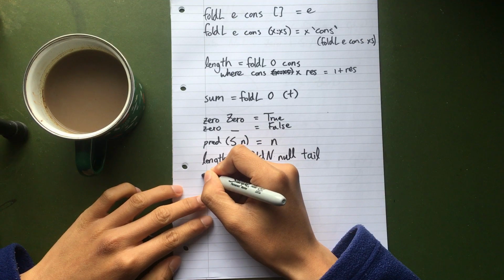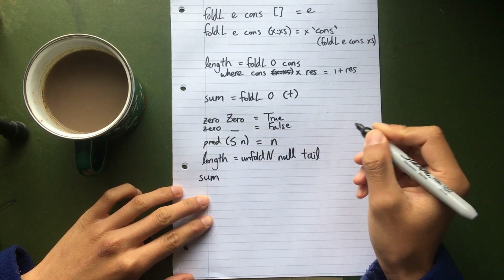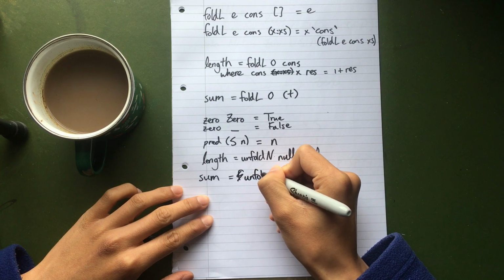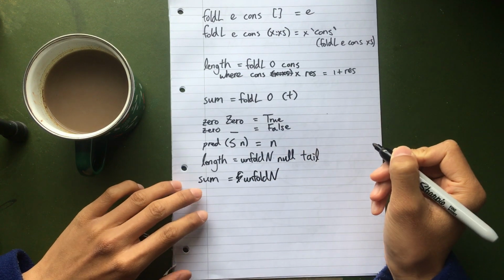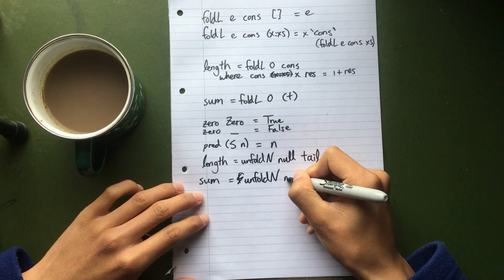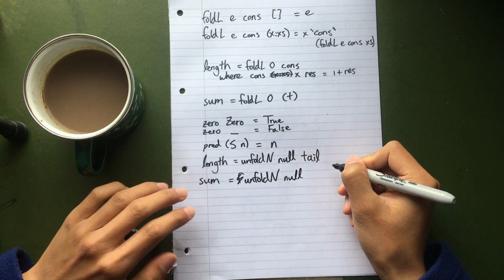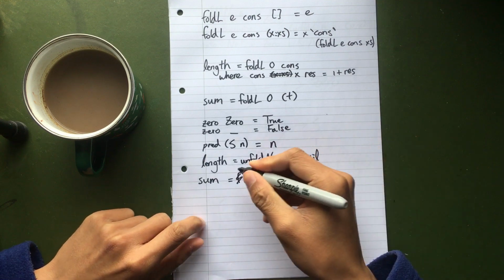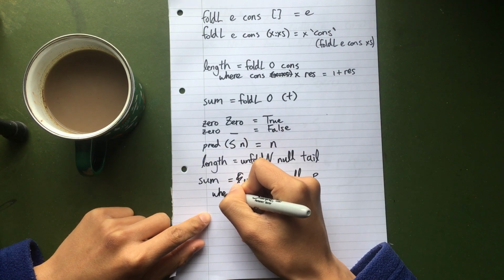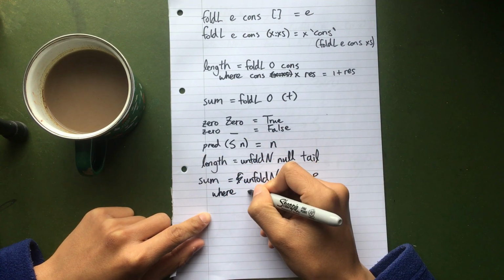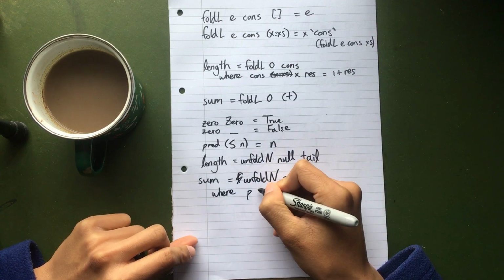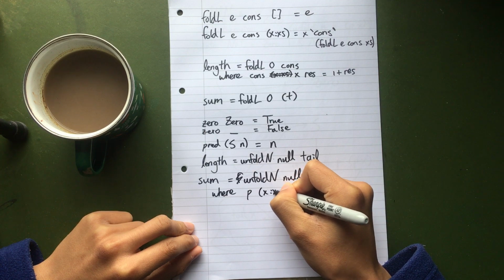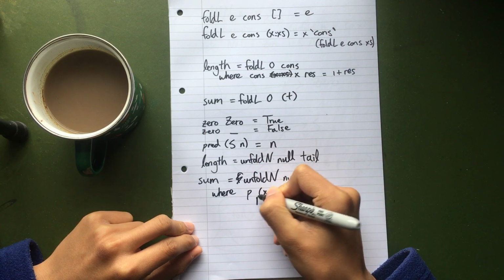With sum, the story is a bit different. So sum could also be written as an unfold n. And we're going to say, okay, the sum is 0 when we have an empty list again. But for our predecessor, we're going to have to do a bit more work. So I'll call it P, where P is only going to work on non-empty lists. And P of x:xs is going to have two cases.